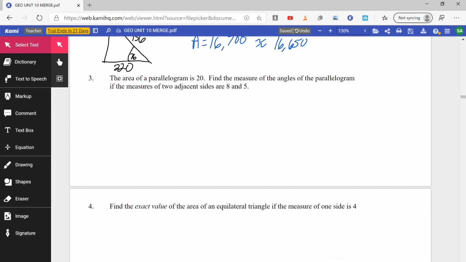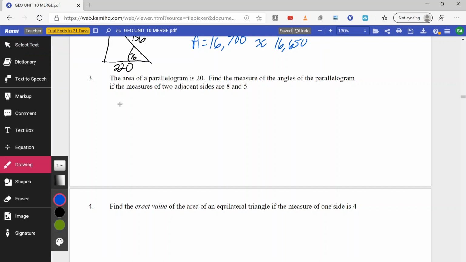Here we have the area of a parallelogram being 20. And we need to find the measure of the angles of the parallelogram if the measures of the two adjacent sides are 8 and 5. So here we have our parallelogram. We're told two sides are 8 and 5, and if it's a parallelogram, opposite sides are congruent.